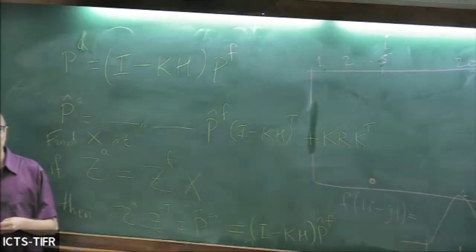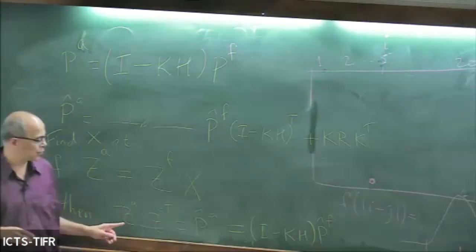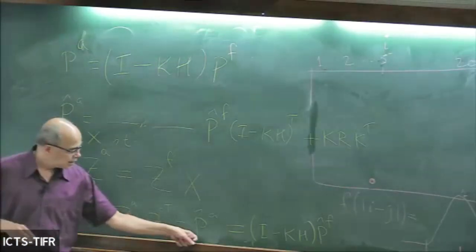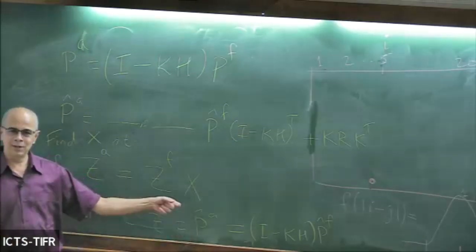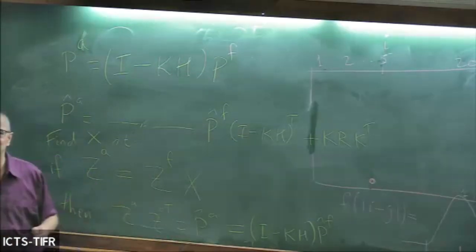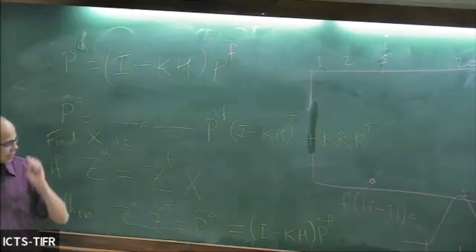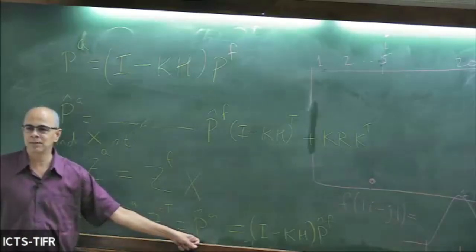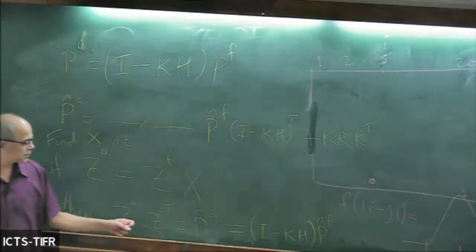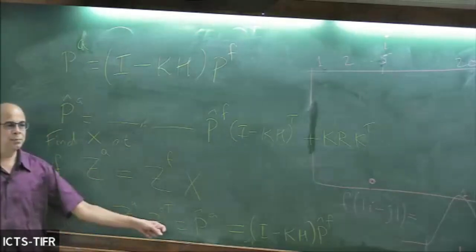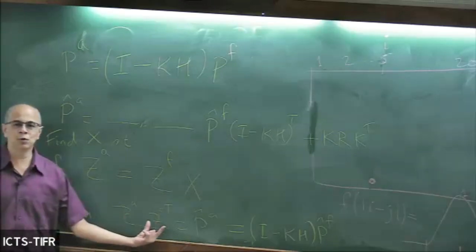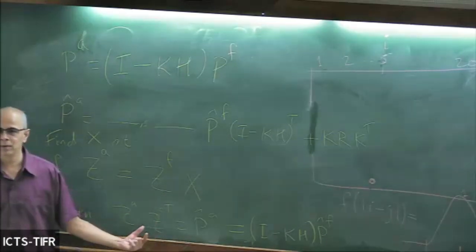So this is the definition of a matrix square root: a matrix that satisfies this identity. This can be done for positive, so let's stick to symmetric positive semi-definite matrices for now. Others we will forget about. So this is a positive semi-definite symmetric matrix, and for such a matrix, a split of this matrix into this form, Z^A times its own transpose, is called a square root.